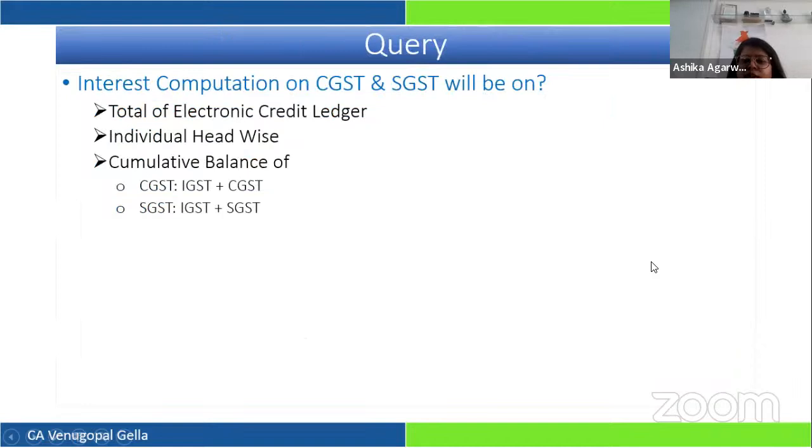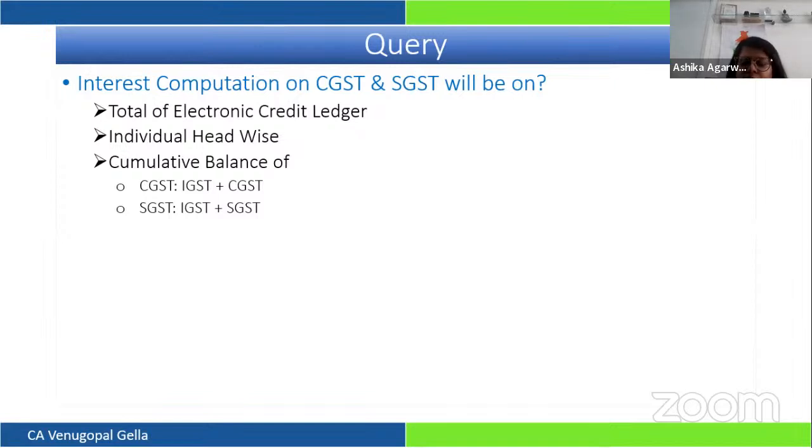Now the another question which arises: for IGST, they said you have to consider the total of the electronic credit ledger. But what about C and S? In that, whether we should go head-wise or we should go total as it has been provided for IGST, or should we take IGST plus CGST for CGST or IGST plus SGST for SGST?